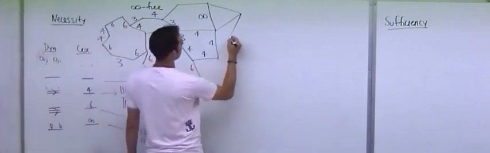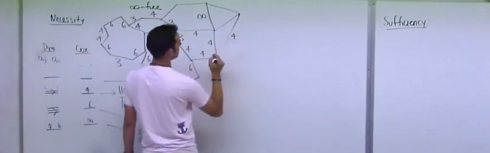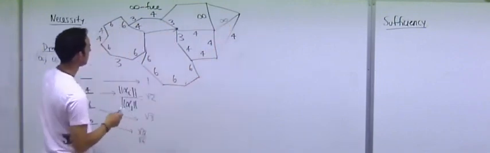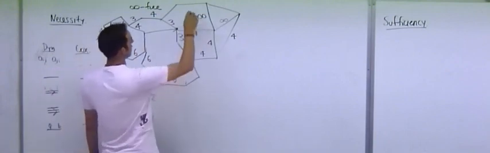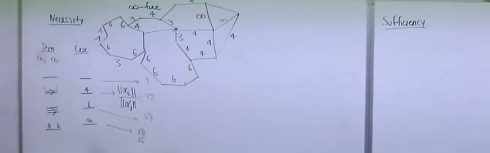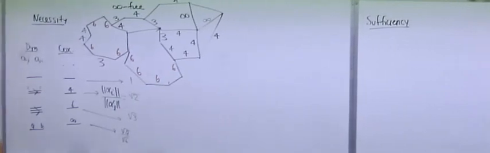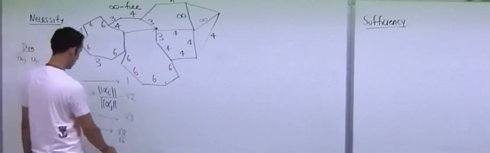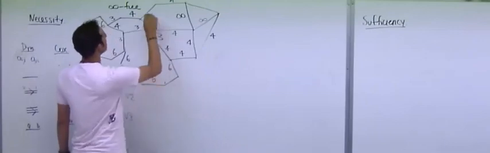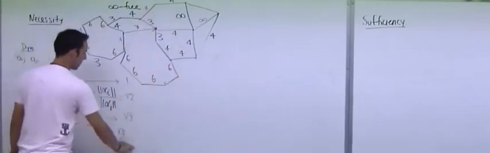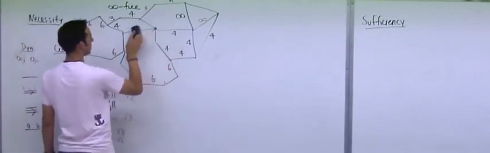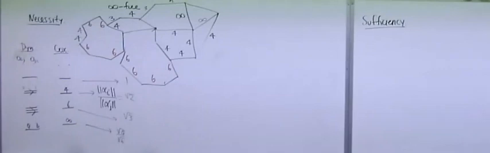Maybe we'll put a 4 here and an infinity here and a 4 here. How's that? Does that work? You've got those two unlabeled edges. Unlabeled are 3's. Actually, let me keep them unlabeled so that I can make my picture a little cleaner. So if it's unlabeled, then it's a 3. So I think that works.